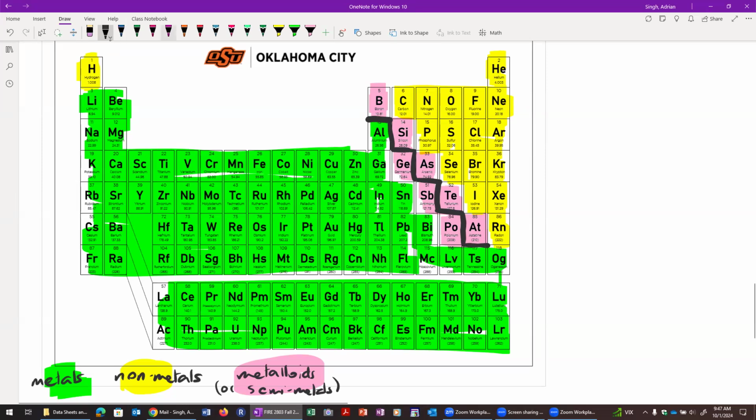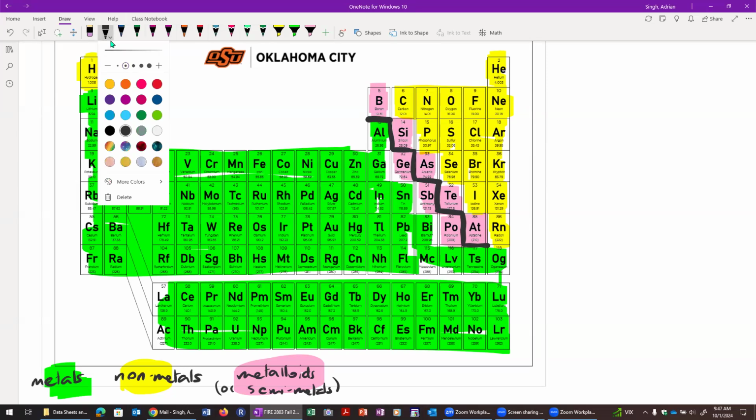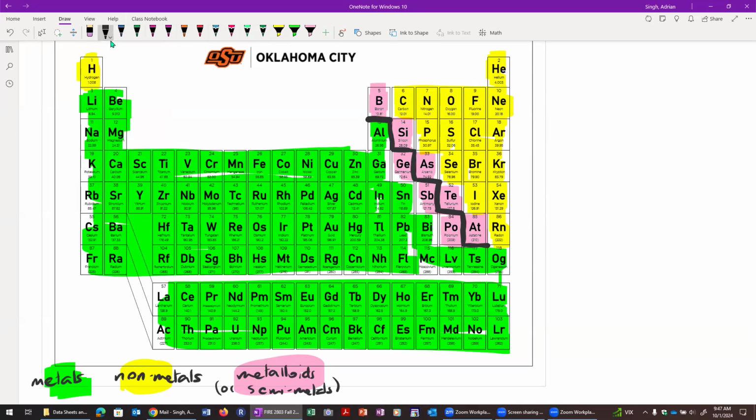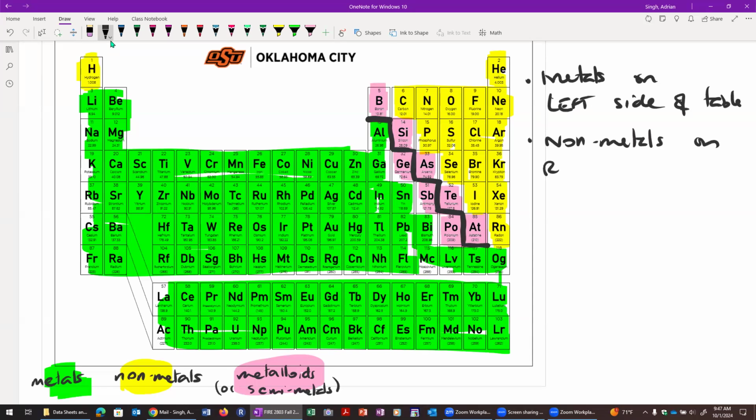The first thing to note here is when you look at the periodic table generally, we consider the metals. The things that are in green are generally found on the left side of the table. What we can also say is that the non-metals are generally found on the right side of the table.